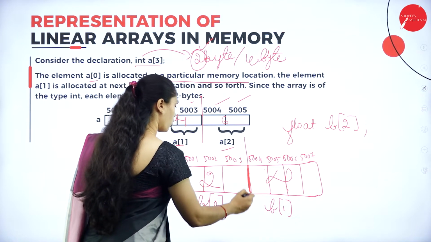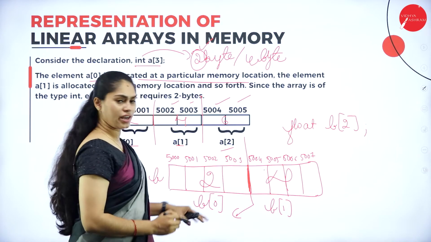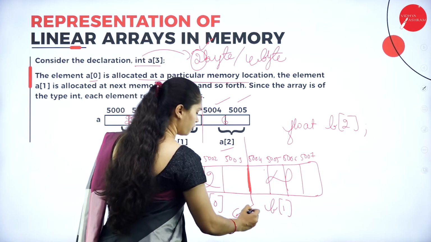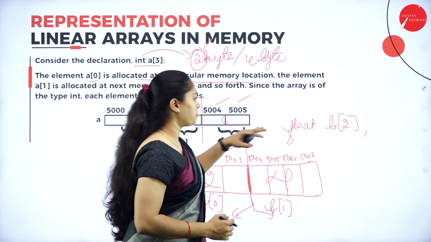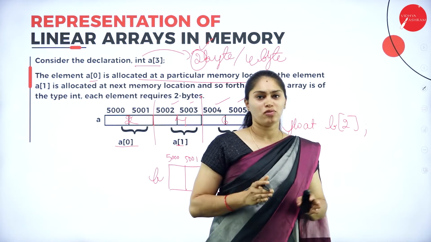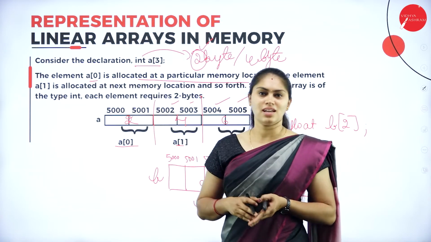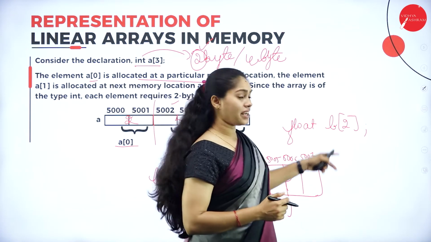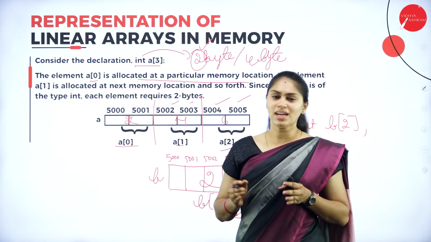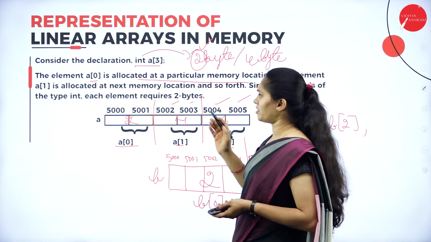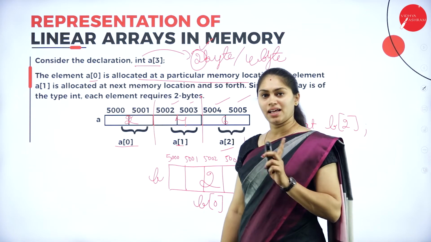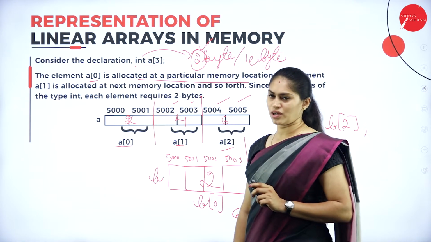So 4 bytes of memory are given for the first element, and another 4 bytes of memory for the next element. This is purely based on the data type that we are taking, and based on the size, that much memory will be allocated for a collection of array elements. That is why we represent the array in terms of contiguous memory locations.